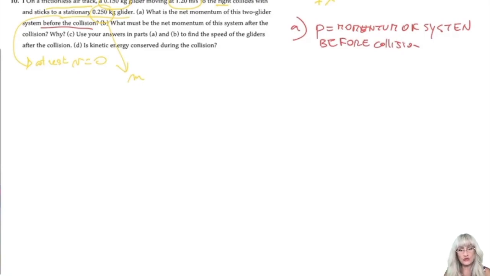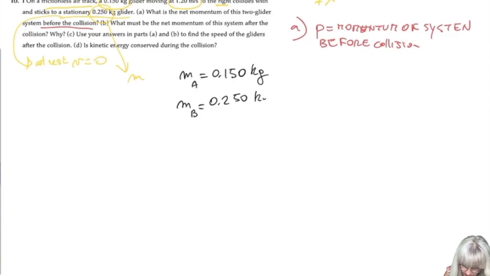All right, let's focus on part A. I know I'm going to call it mass of A. I know mass of B. And I know that the momentum p is given by m times v, right?